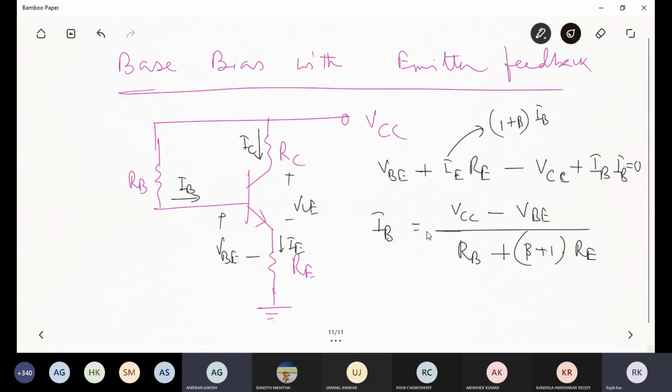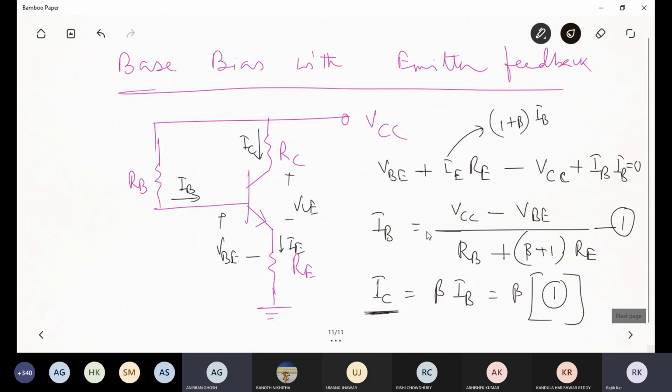Now once you know IB, you can calculate IC. This is beta IB, that is beta into this particular equation. This will give you the value of IC.